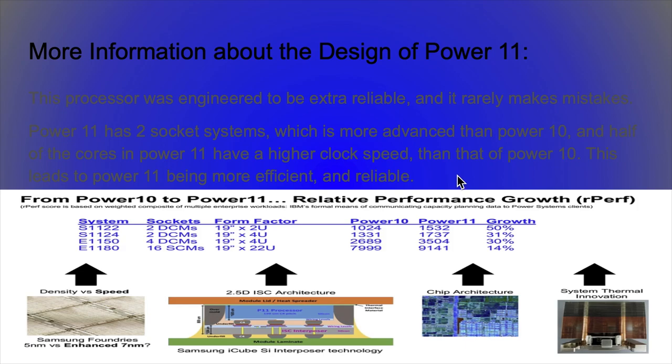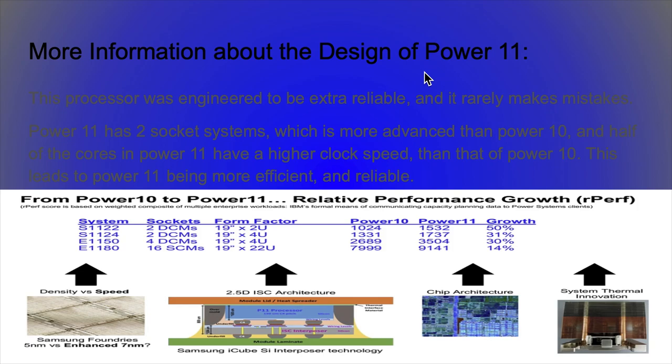So now I'll discuss a little bit about how this processor was made and its significance in the chip industry. It was engineered to be extra reliable. This processor is considered to be very reliable, very effective. It's one of the most effective processors that IBM has made. It rarely makes mistakes. Generally speaking, it's pretty accurate in the tasks that it performs.